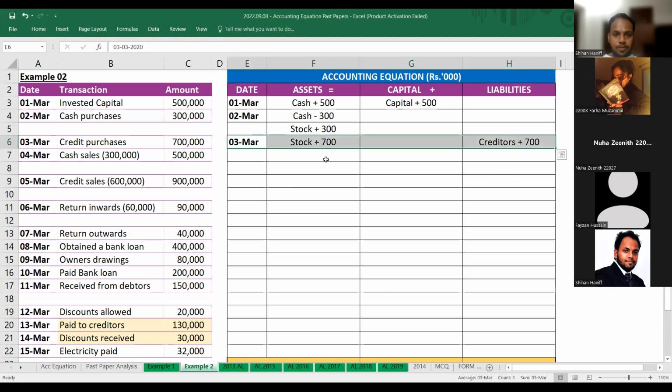4th March, cash sales, that is 300 worth of stock. We are selling at 500. Stock will reduce by 300. Cash will increase by 500, and there is a profit of 200.